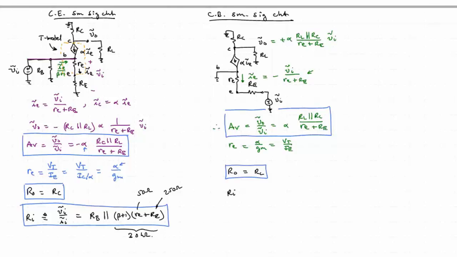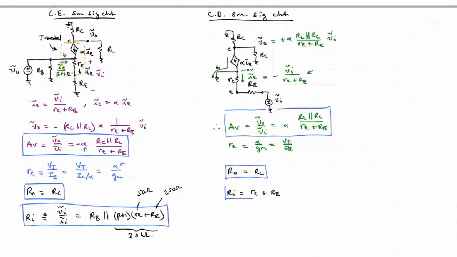Now RI is going to be easier to find, actually, than previously, because this current source is flowing straight to ground, and this terminal here is at 0 volts, and so truly all we have between VI and ground are the two RE resistors. So RI is equal to little re plus big RE.